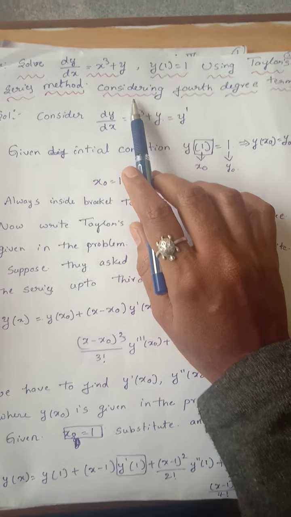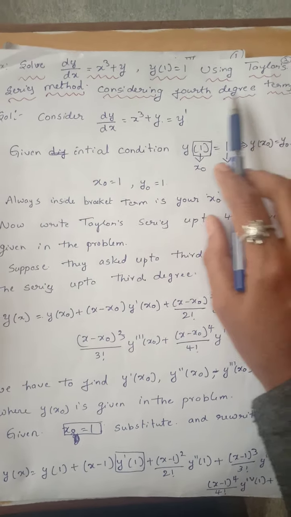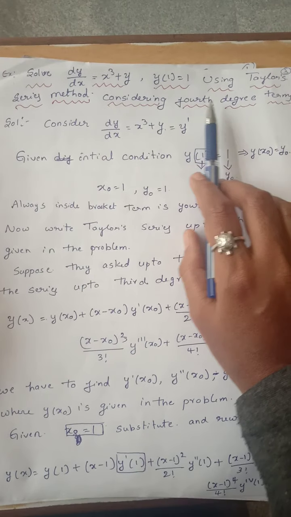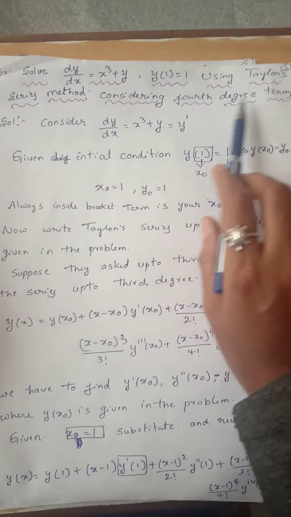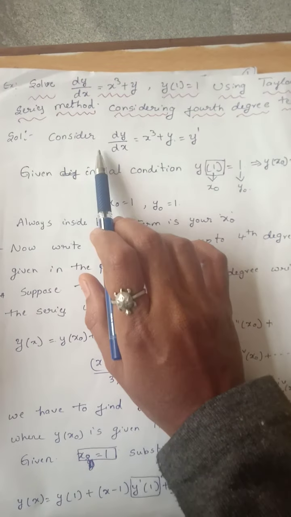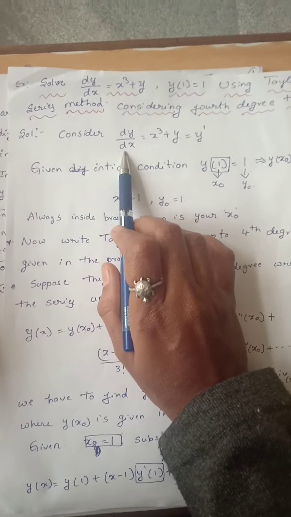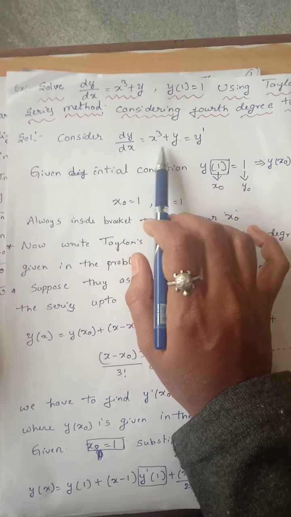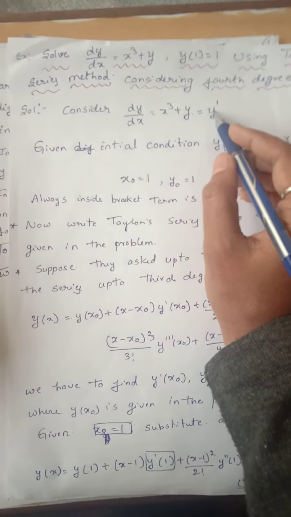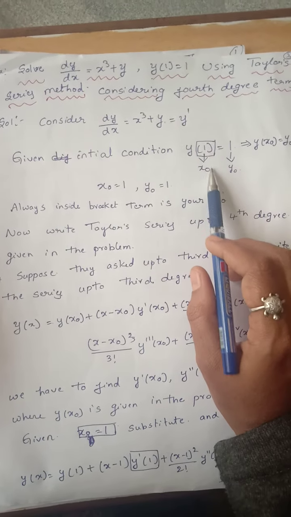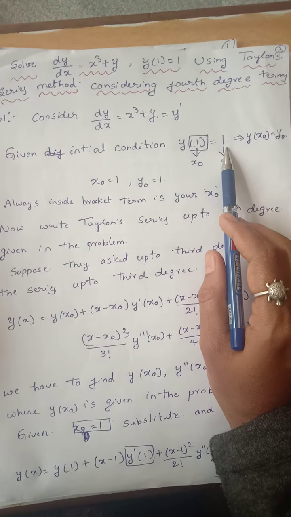And see up to which degree they asked in the problem; up to that degree we have to write the series. Here they asked up to 4th degree. To solve the problem, first write the given equation dy by dx, the given function x cube plus y; we denote dy by dx as y dash. And what is the given initial condition? y of 1 is equal to 1.